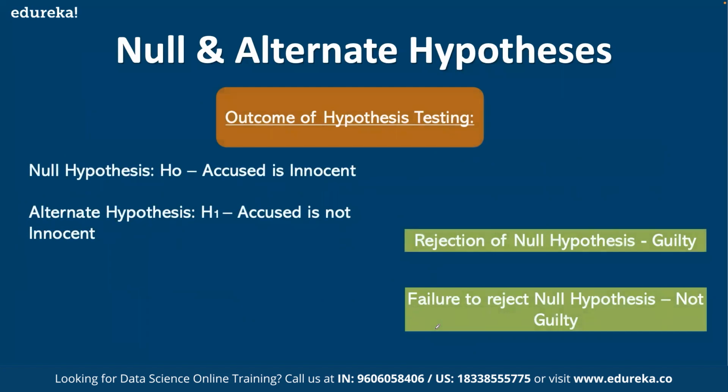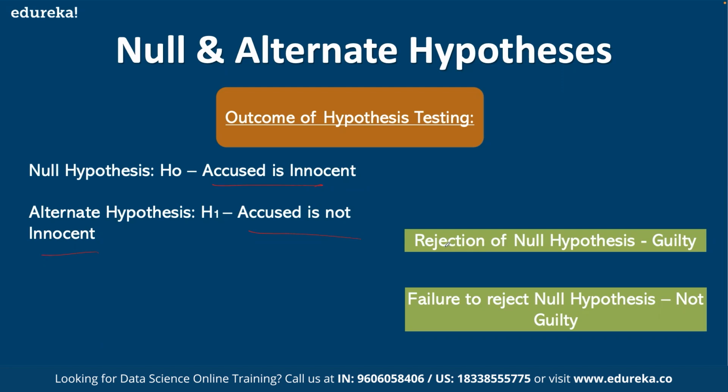If the null hypothesis holds good, then our current belief holds good, like the accused is innocent. Otherwise, the data will follow the alternate hypothesis, which says the accused is not innocent. In this way, we specify the same.